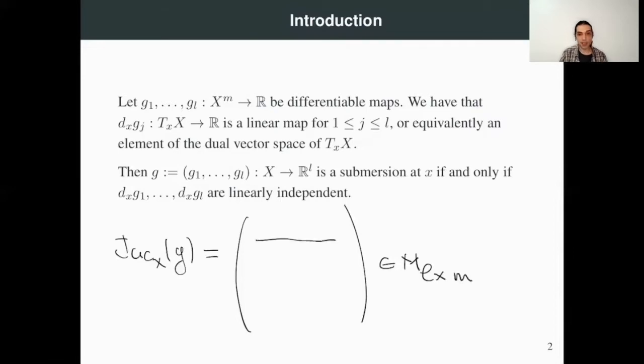And L is less or equal than M. The first line is going to be the differential of G1 at the point X. The second line, the differential of G2 at the point X, and so on. And this Jacobian matrix has maximal rank if and only if the lines of the matrix are linearly independent. And so if and only if the differentials of the components of G at X are all linearly independent.